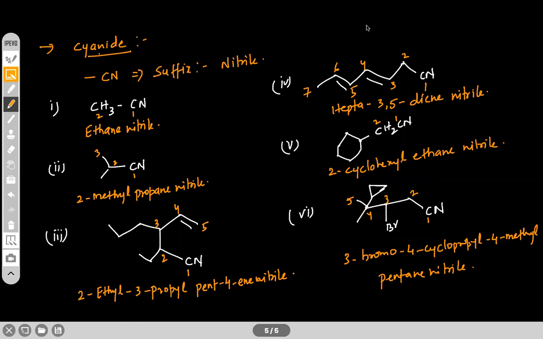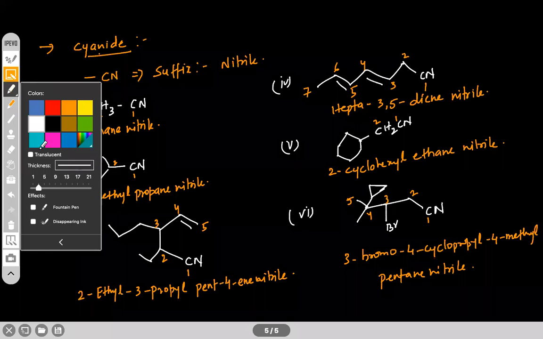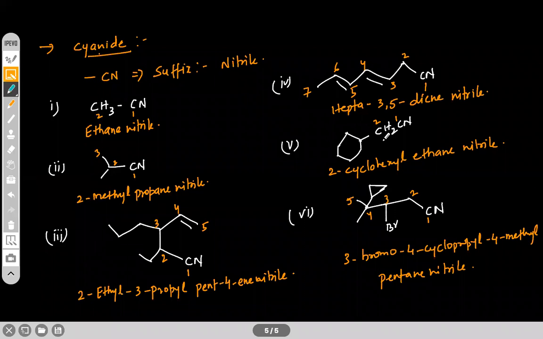Yeah, in the fifth one, the ring is bigger, but the side chain contains the functional group, right? So the parent chain is the chain which contains the functional group. Okay, some of you have doubt in this one. 1, 2, 3, 4, 5, 6 carbon atoms here. But here we have a double bond, so we'll give priority to the double bond.